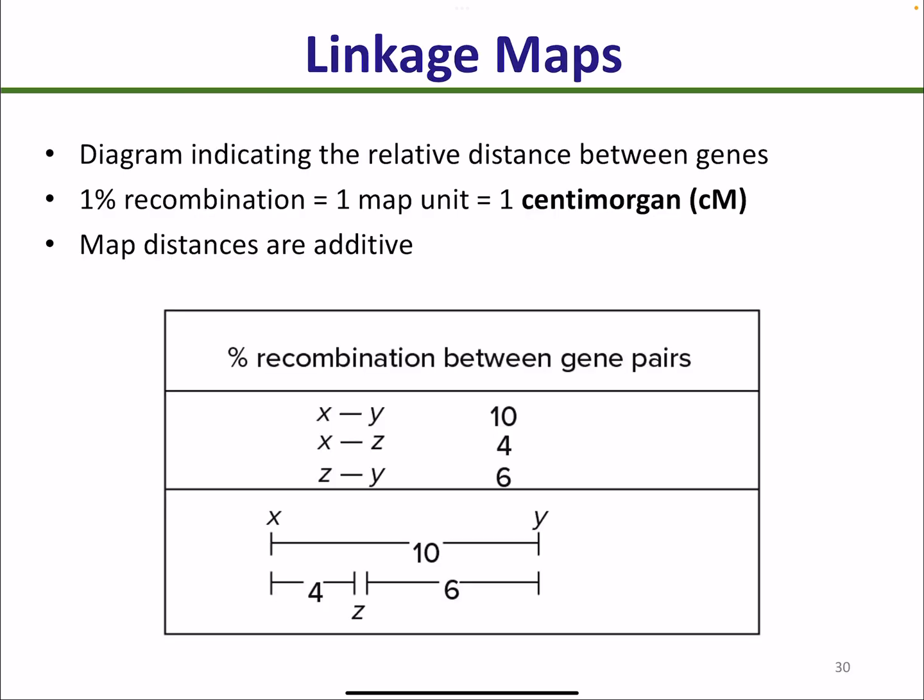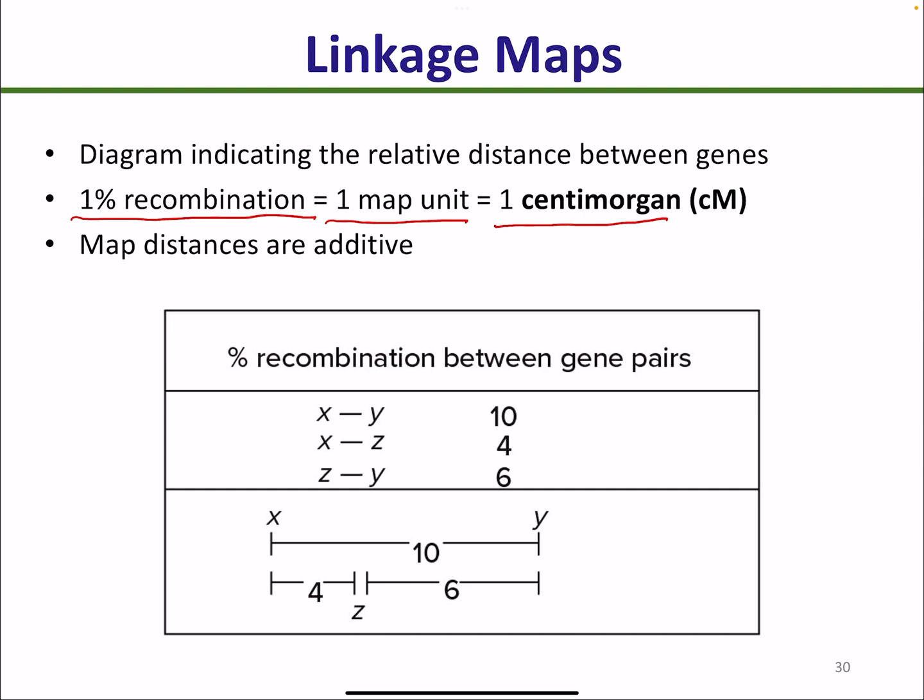Now, because of the work of Morgan, Morgan came with the idea that we can actually align genes on a chromosome based on the proportion of recombination, right? He came up with the idea that 1% of recombination equals one map unit, and that one map unit is 1 centimorgan.